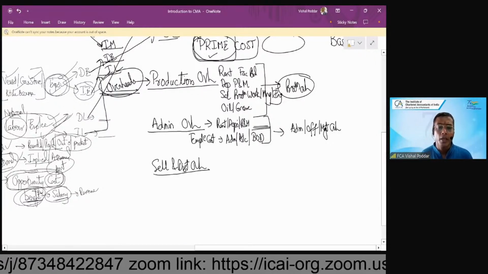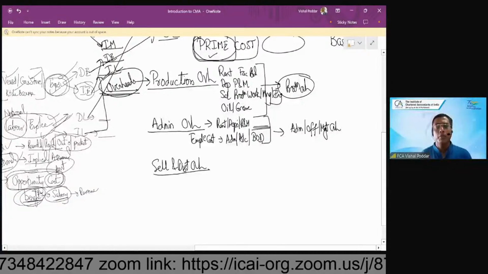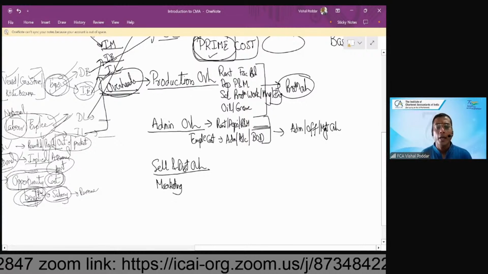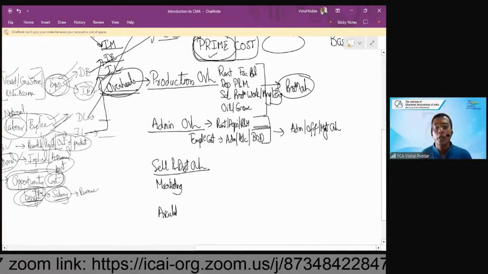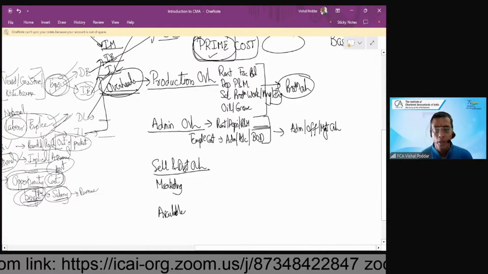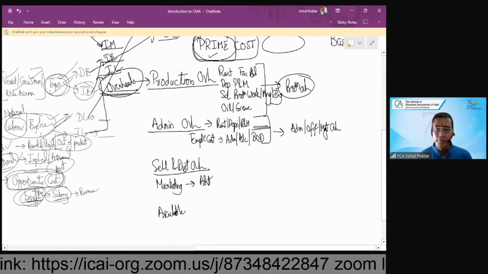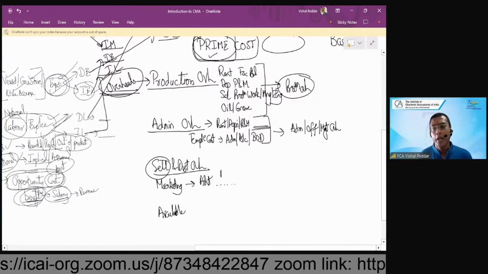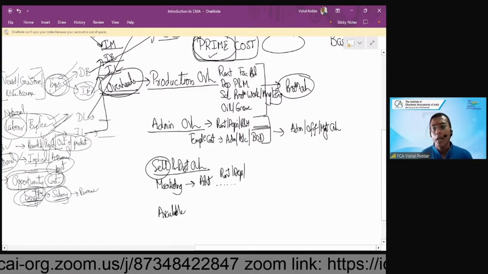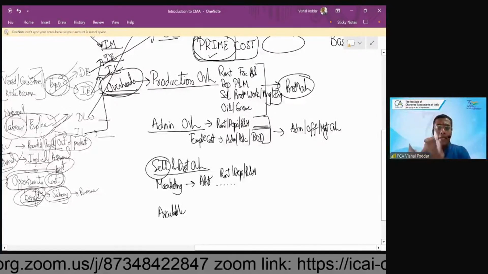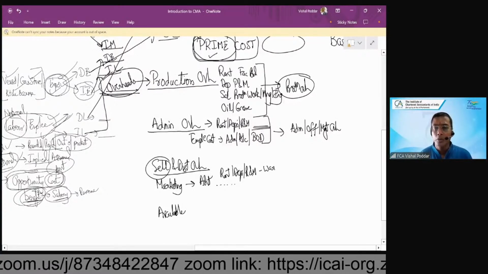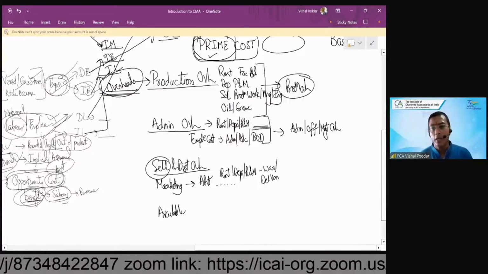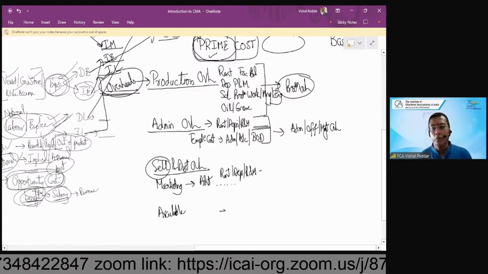And then comes the next and the last function, to sell the product. Now there are two components. One is marketing and one is making it available to the doorstep of my customers, whoever they are. So marketing may have advertising costs. So all expenses relating to marketing are your selling costs. Now again, it may have rent, depreciation, and repairs and maintenance of all your selling department costs, plus of warehouse, plus of your delivery van, because these are the items which are used exclusively in distribution.